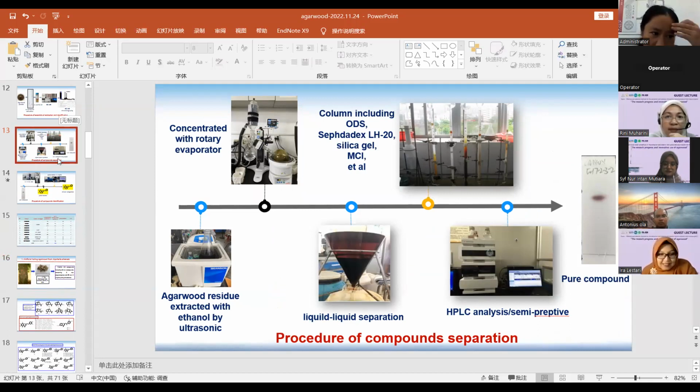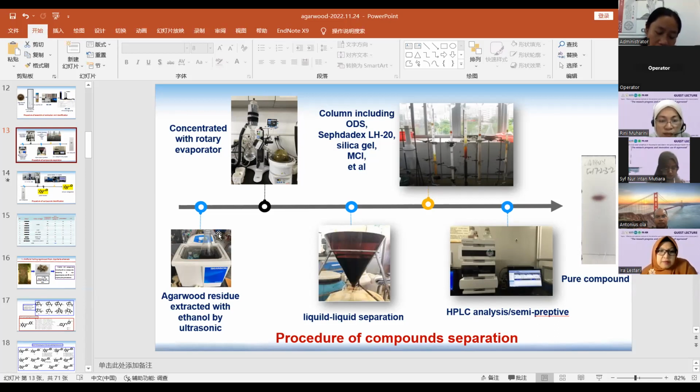For isolating compounds, we usually use ethanol to extract the agarwood, and use a sonicator to sonicate the agarwood.